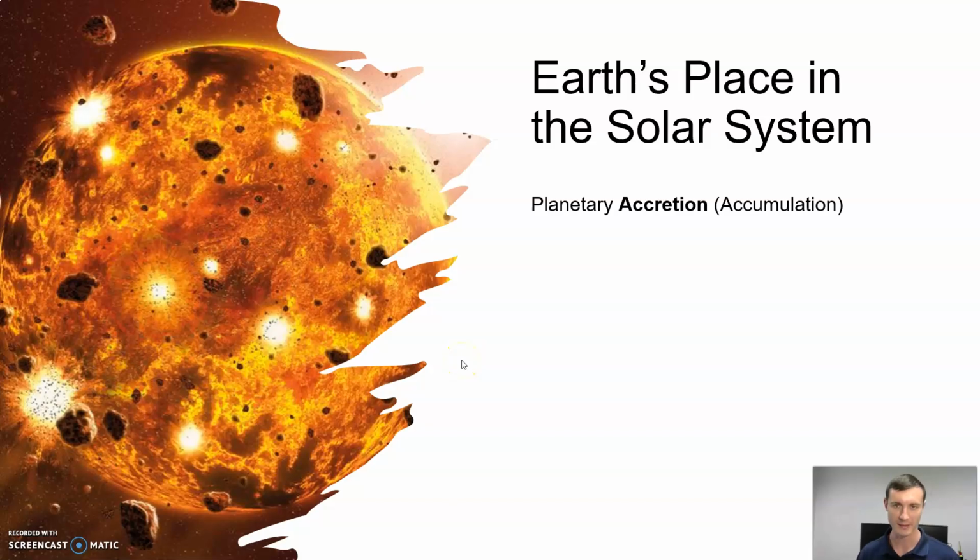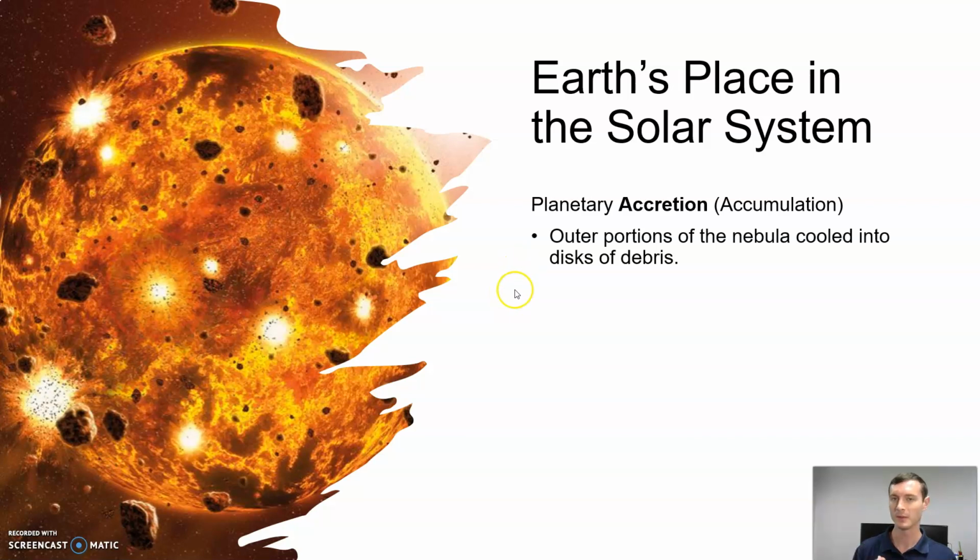So moving forward, you have this question of where does the Earth come into play? What do the planets have to do with it? So some of the outer portion of the nebula, not the stuff in the middle that gets sucked in to become the sun, cools into these swirling disks of debris that are orbiting the early sun.